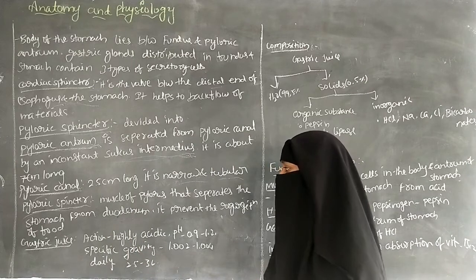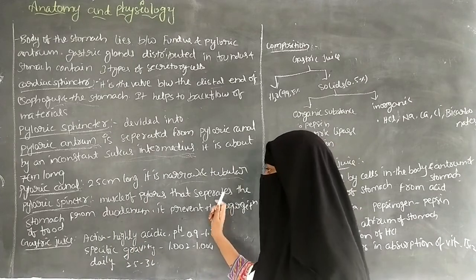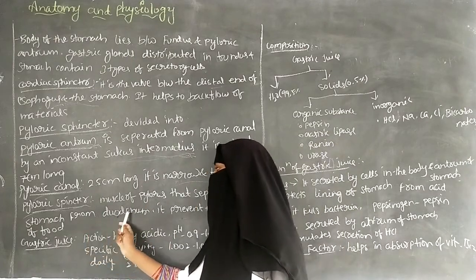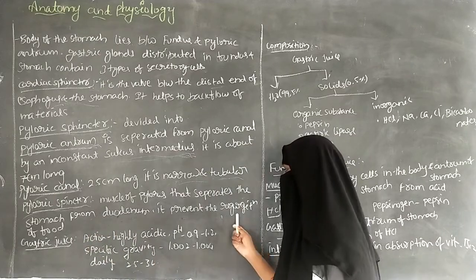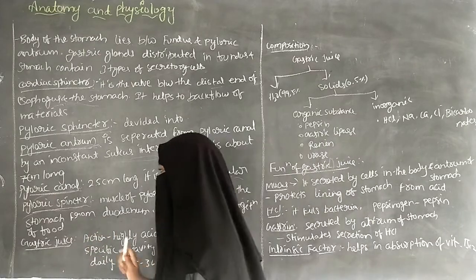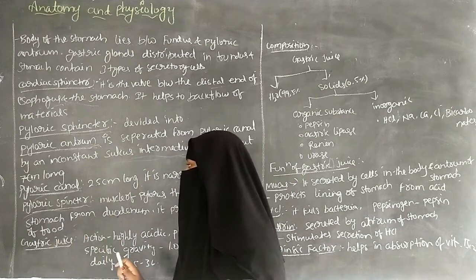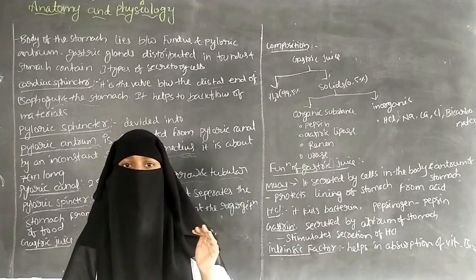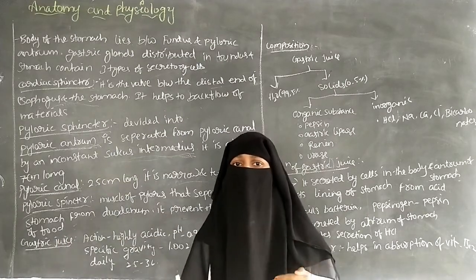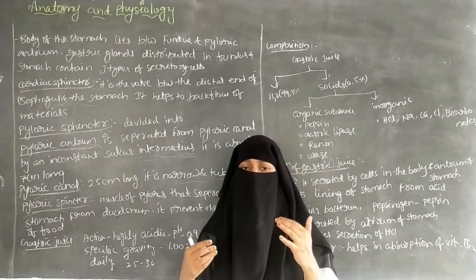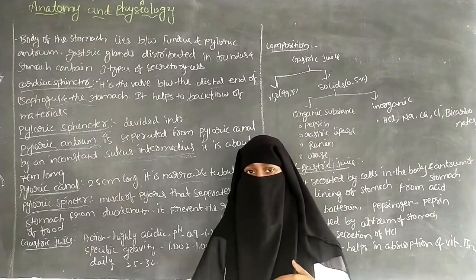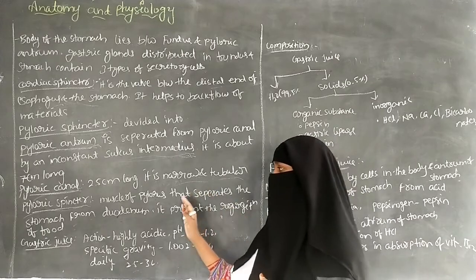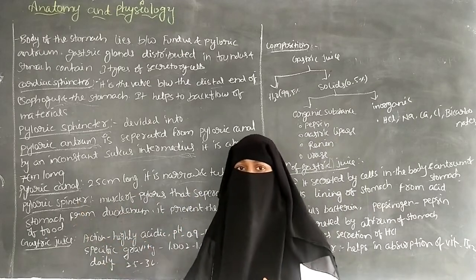The pyloric sphincter separates the stomach from the duodenum and prevents the regurgitation of food, the backflow of food materials into the stomach.